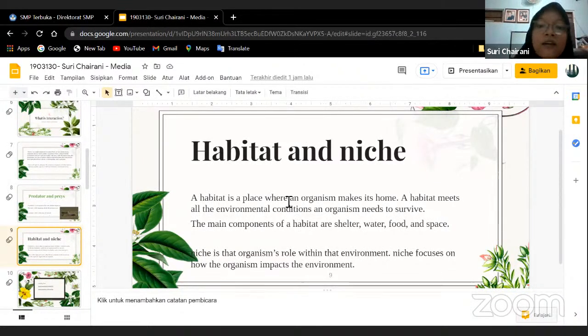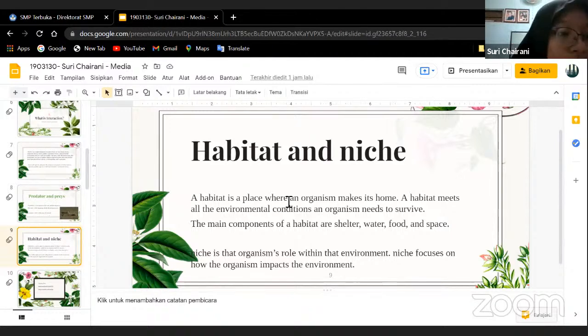The main components of habitat are shelter, water, food, and space. If there is none of these components, it wouldn't be called a habitat. And what is niche? Niche is the organism's role within the environment. Niche is focused on how the organism impacts the environment.